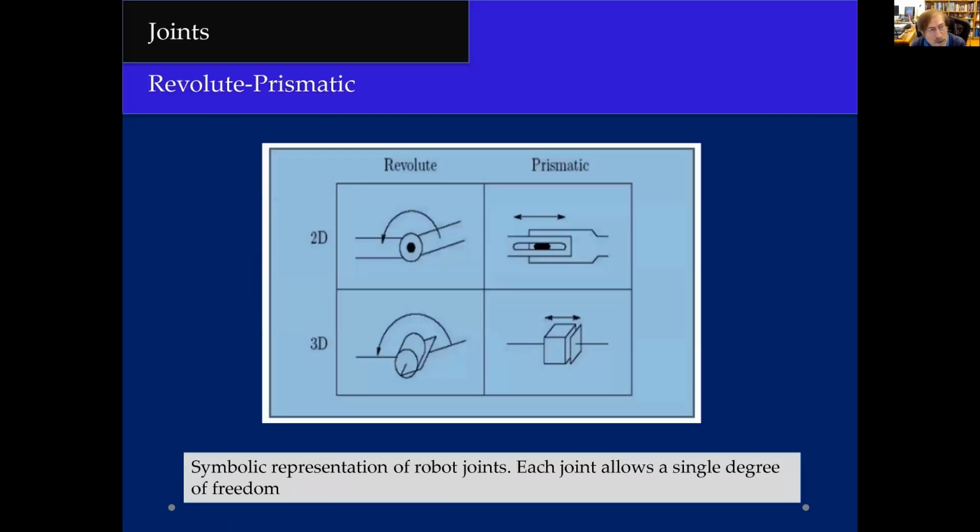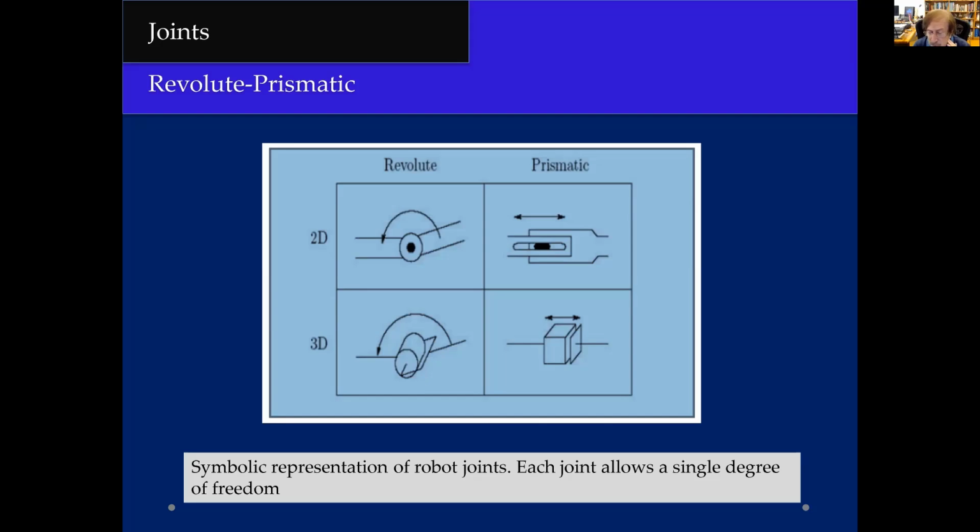We had talked about joints. Joints are part of the mechanical parts of the robots, and these give us the ability to move, to articulate certain movements and gestures. And as we mentioned, they come in two forms.